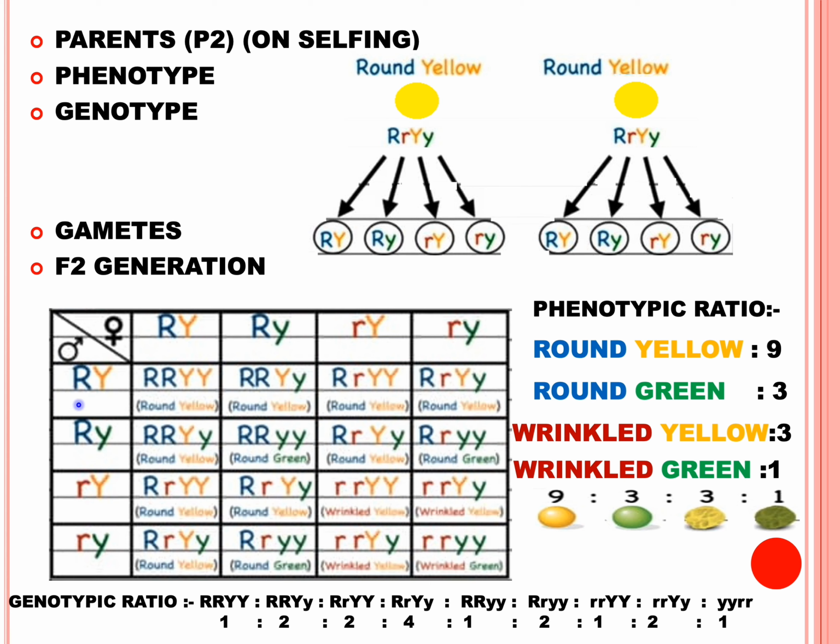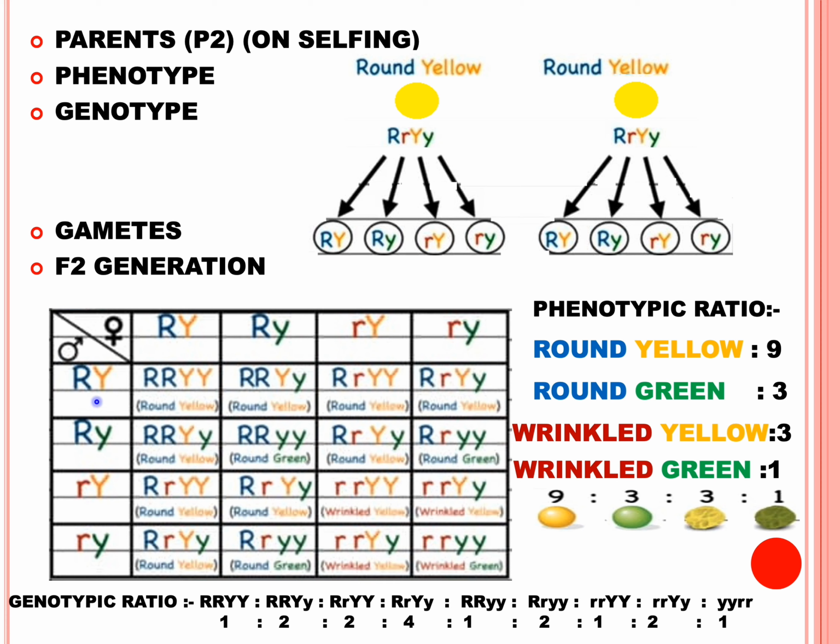If this type of gamete with capital R, capital Y fuses with small r and capital Y of the female gamete, then the genotype would be capital R, small r, capital Y, capital Y. With phenotype, as R is dominant round and yellow is dominant, so round and yellow phenotype.